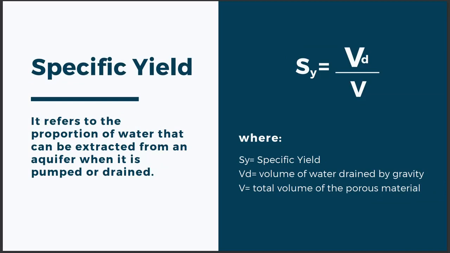And then specific yield, it refers to the proportion of water that can be extracted from an aquifer when it is pumped or drained. So the formula is VD over V. VD is the volume of water drained by gravity. V is the total volume of the porous material.